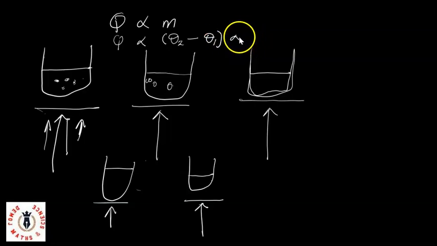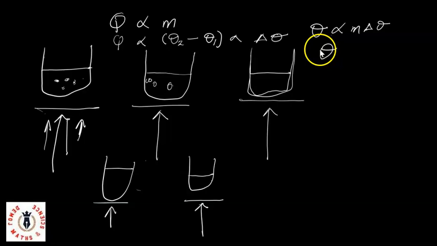So we can now conclude that the quantity of heat required to raise 1 kg of a particular substance through 1 Kelvin is directly proportional to the mass and change in temperature.